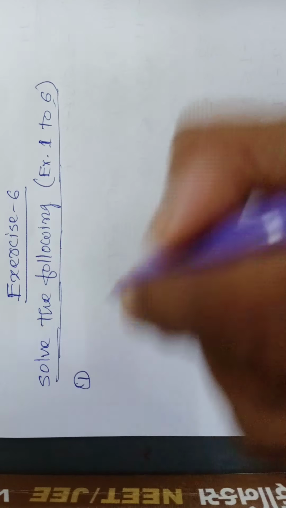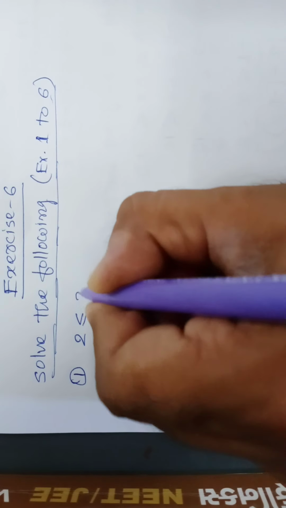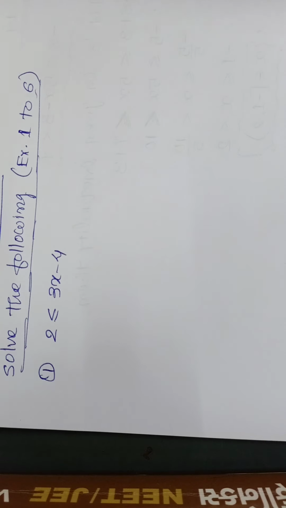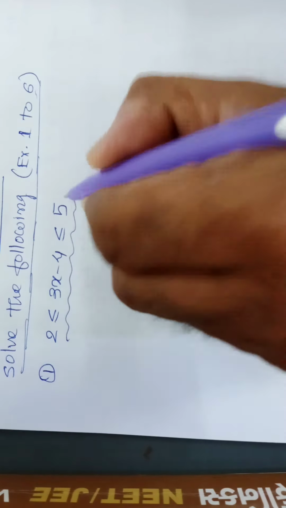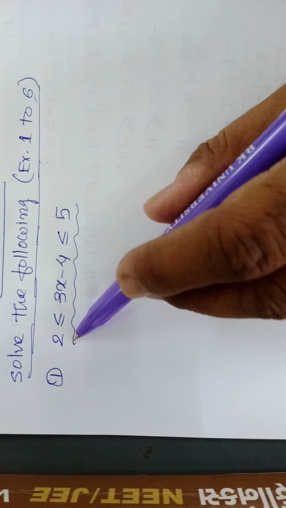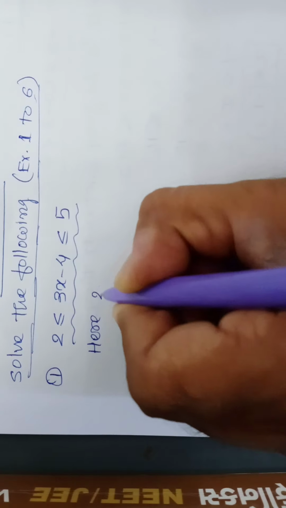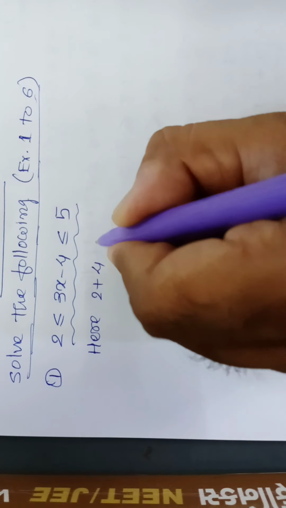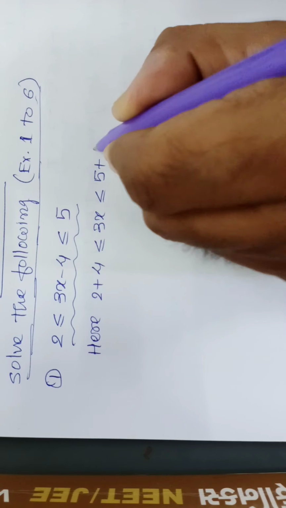The first question is this. 2 is less than or equal to 3x minus 4 which is less than or equal to 5. So first, what do we have to do? This minus 4, let us add on both sides. So here I can write that 2 plus 4 is less than or equal to 3x, less than or equal to 5 plus 4.